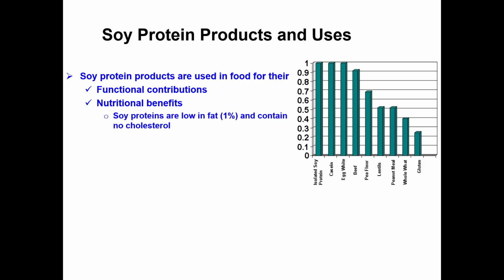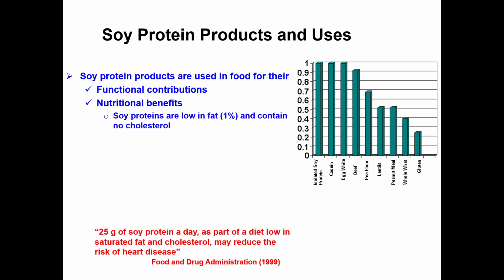It's pretty good. And because of the benefits of soy, being high in protein and low in fat, it's a good meat replacer. A claim came out in 1999 from the FDA saying 25 grams of soy protein a day as part of a diet low in saturated fat and cholesterol, so you're having less meat and more of this protein, may reduce the risk of heart disease.